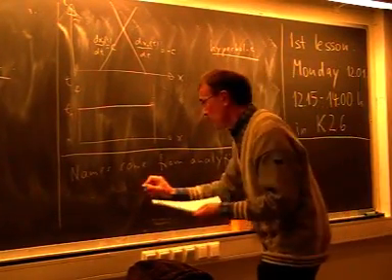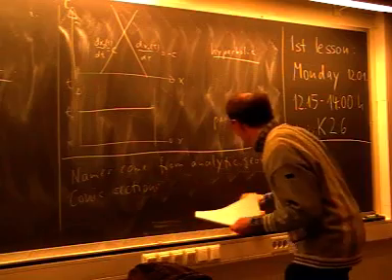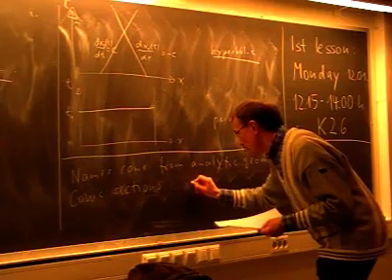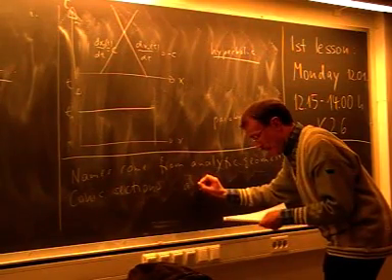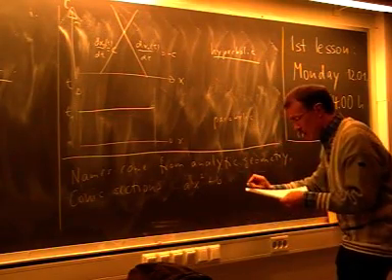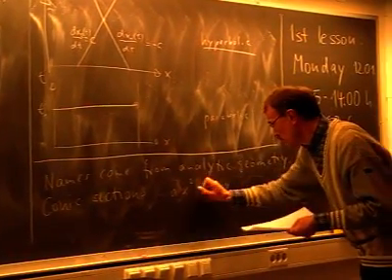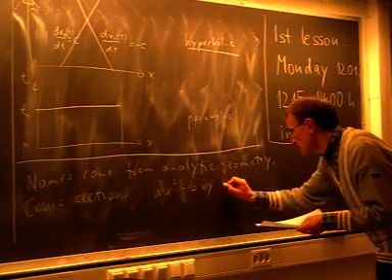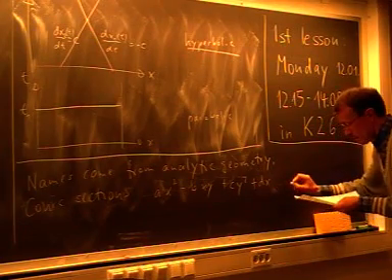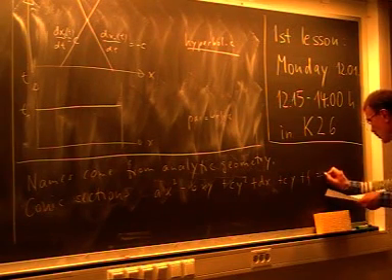So conic sections, they can be written as a x squared plus b xy plus c y squared plus d x plus e y plus f is equal to 0.